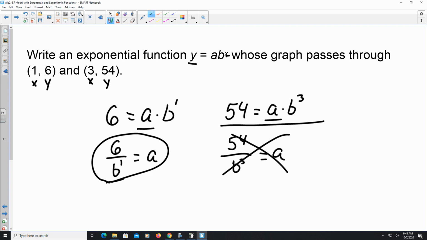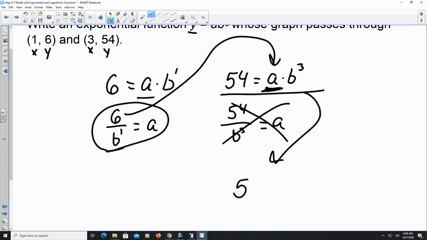but we're going to use the first part of the equation to help us solve. What we are going to do is substitute a with this 6 over b to the first. So what that's going to look like is 54 is now going to be equal to 6 over b to the first times b to the third.